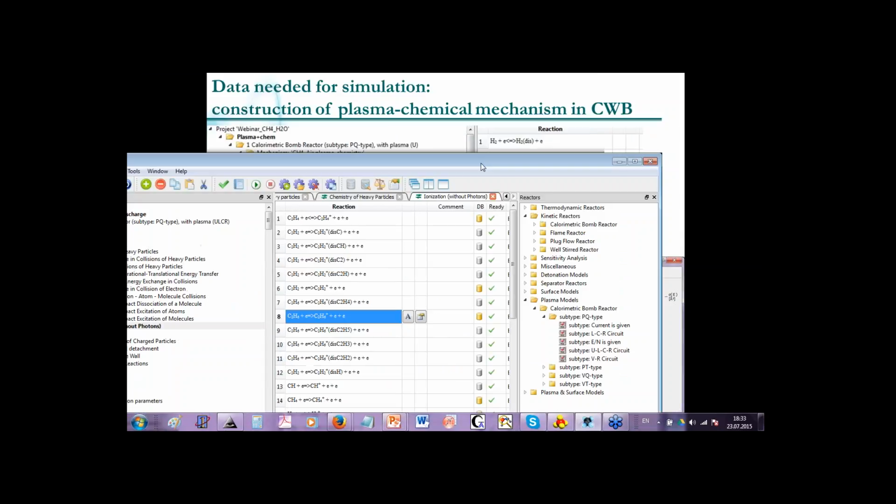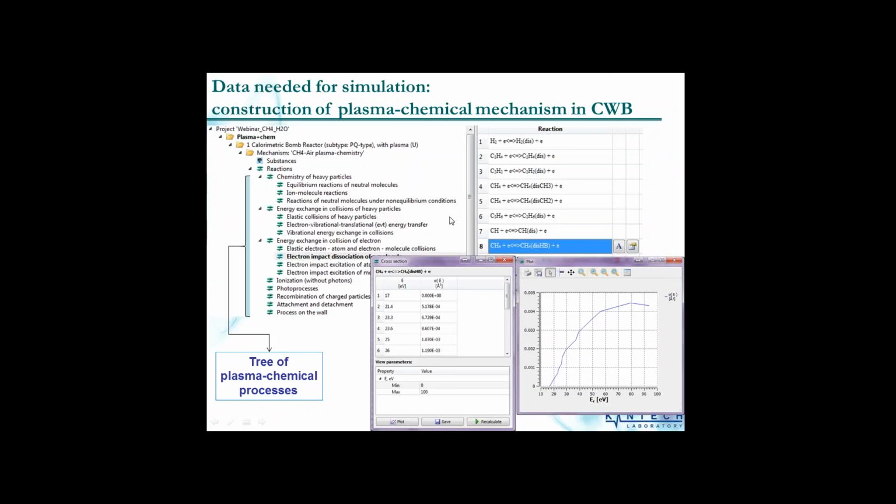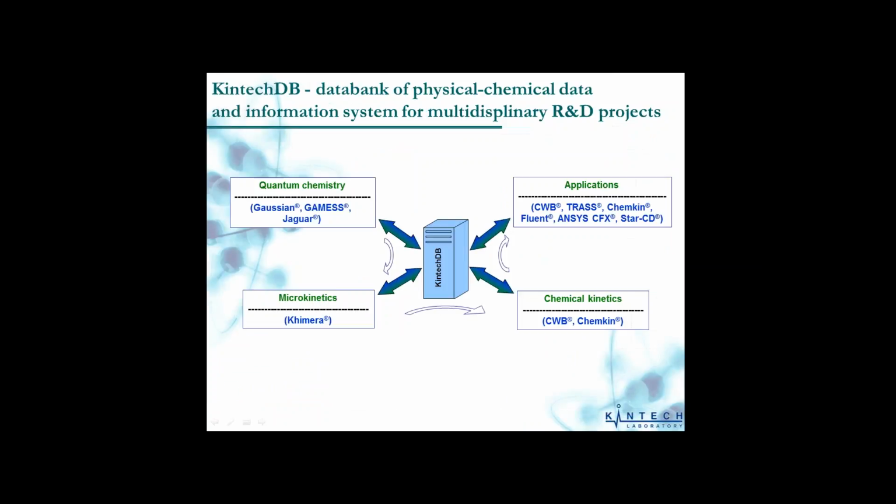Well, let's return. The question here is where this huge information can be found. You see on this slide a box. This is a representation of the Kinetech database, where we store all necessary information for the thermodynamic and kinetic properties.